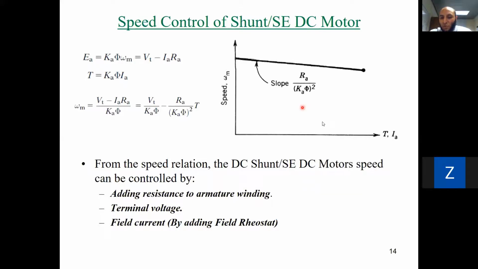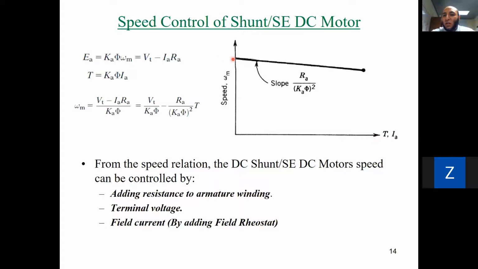Regarding speed control, for the separately excited DC motor, now we know the characteristic. This is the characteristic of the DC motor. As you can see, this is no load speed, and this is the curve of speed versus torque.